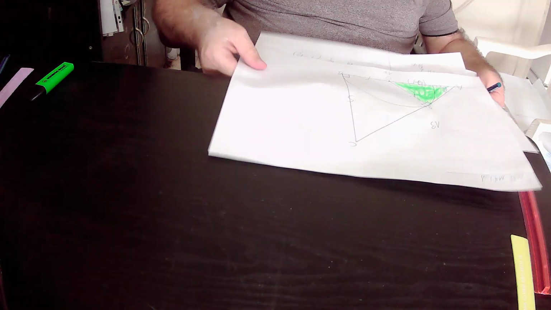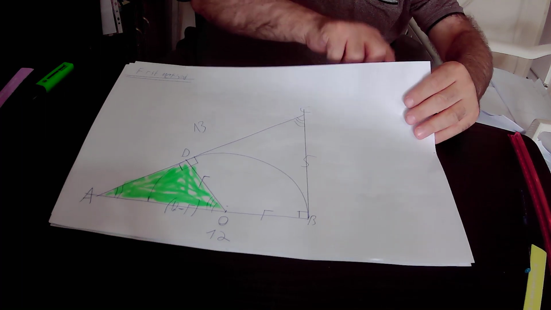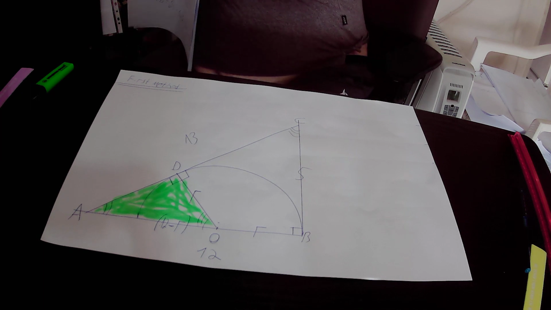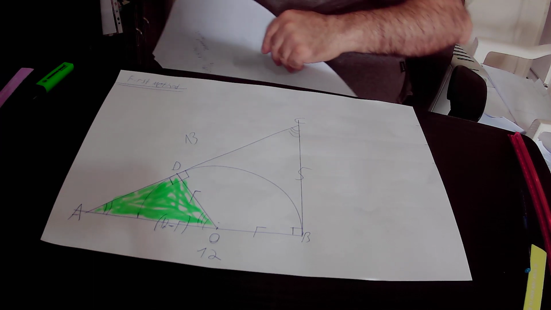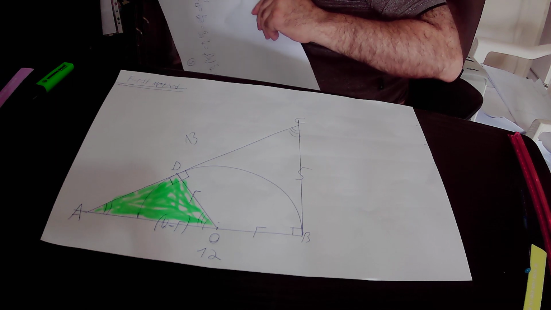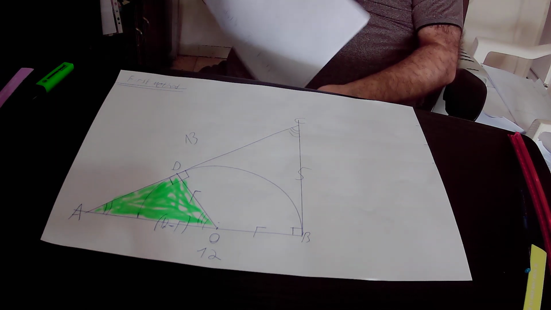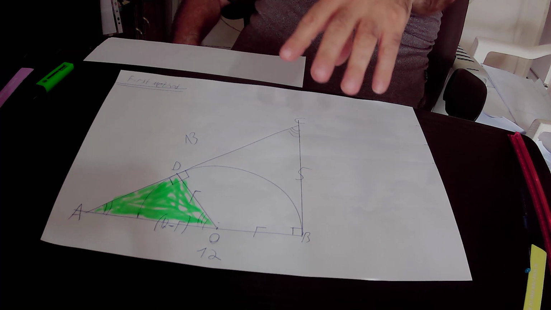In the first method, I repeat that we have here a semicircle that is inscribed by triangle ABC that is a right triangle.